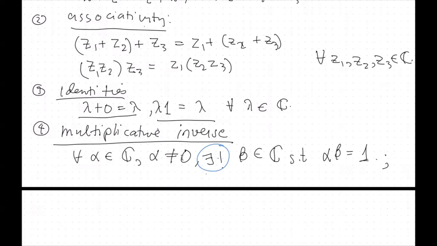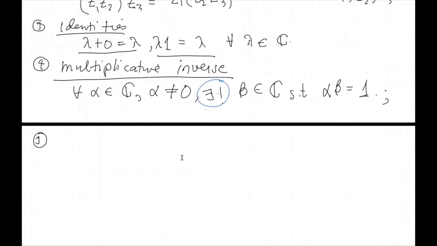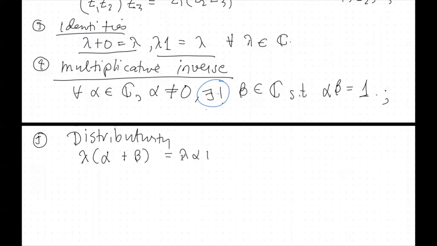And then the fifth property is the following. We have the distributive property. For distributivity, we have lambda times alpha plus beta is equal to lambda alpha plus lambda beta.